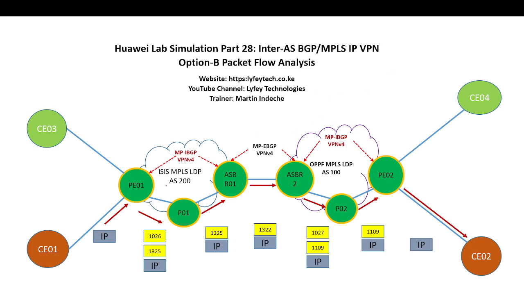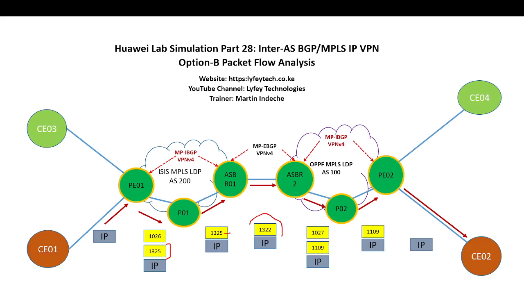The inner label of 1325 is assigned by ASBR01, and the same inner label is on the ASBR when the packet is being forwarded from P01 to the ASBR. So we are using the same label. But when the packet is forwarded between the ASBRs, the inner label has changed. But with option C, we will see that we have an end-to-end inner label.